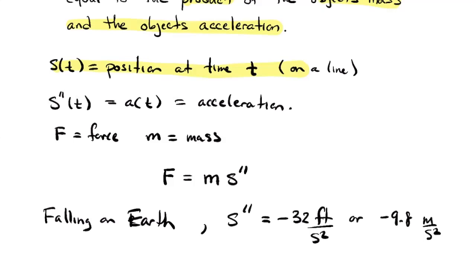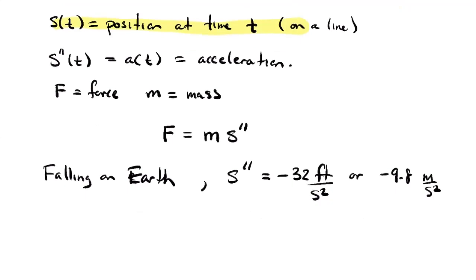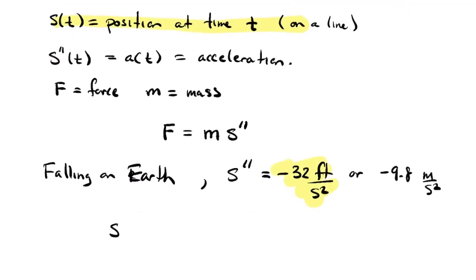And in this particular example, we could do that by integration, right? So let's use the units in feet and seconds. If we were going to try to solve this thing, well, I could say s prime is the integral of s double prime with respect to time. And that's negative 32t plus some constant, right?